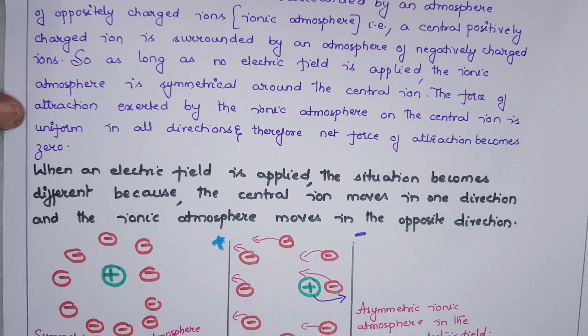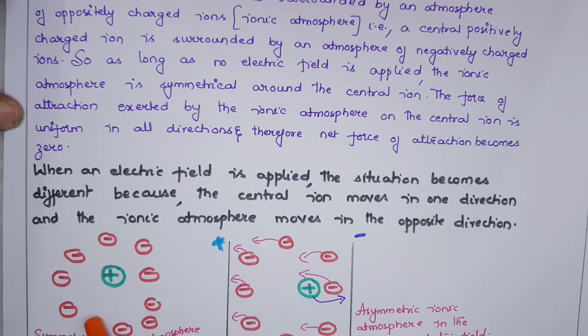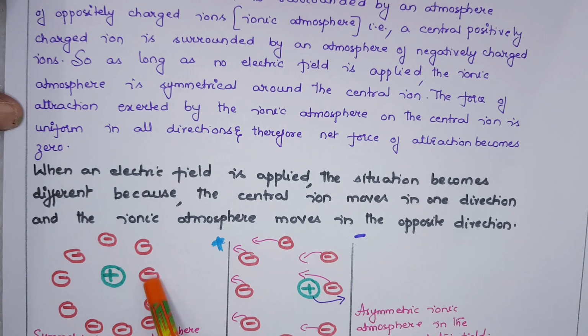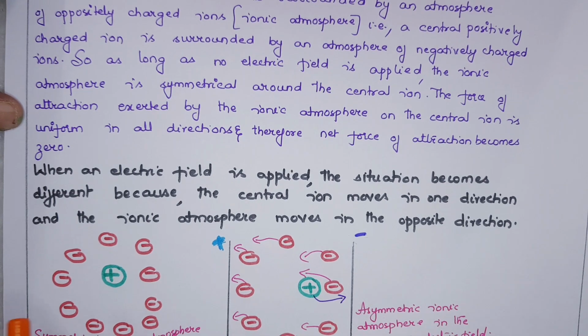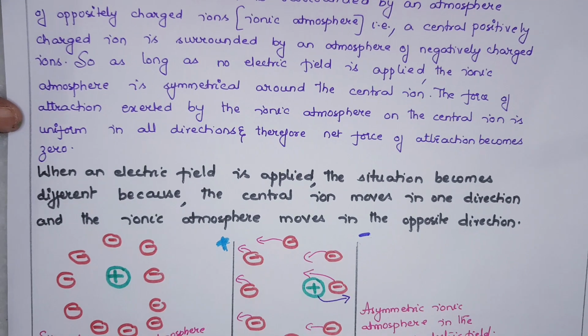First one, you can see a central positive ion surrounded by the negative ions, an atmosphere of negative ions. Okay, this is the ionic atmosphere. This is in the absence of electric field, students. Okay, so this we call a symmetrical ionic atmosphere in the absence of electric field.